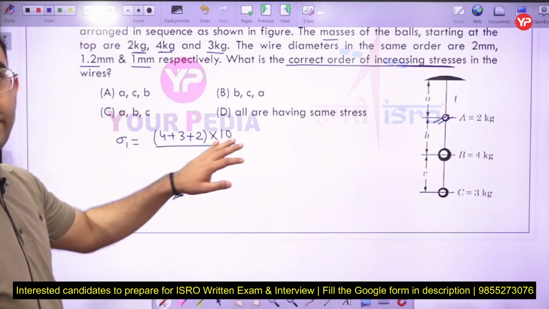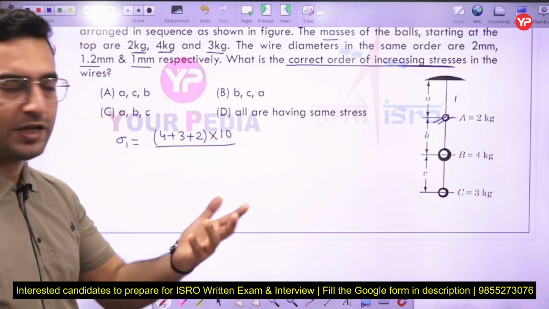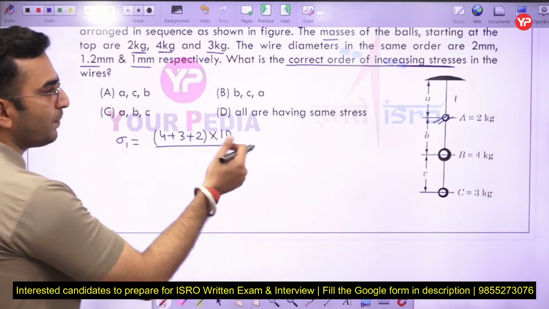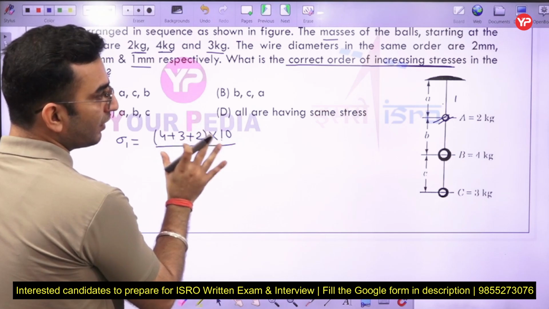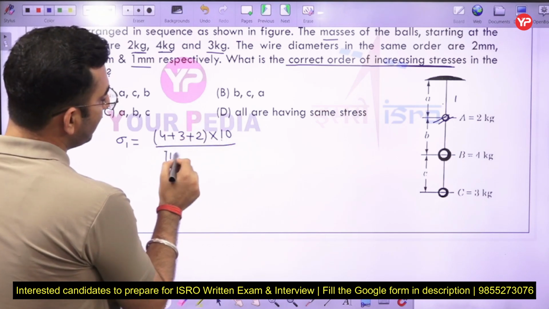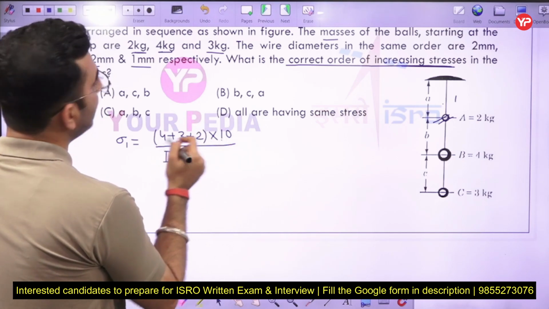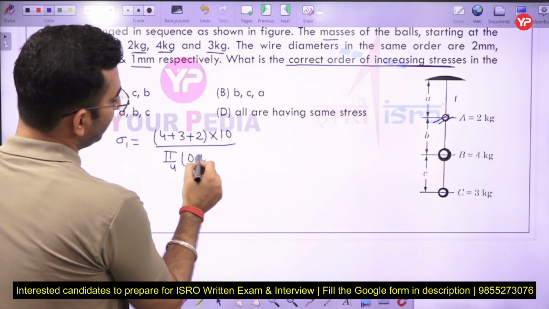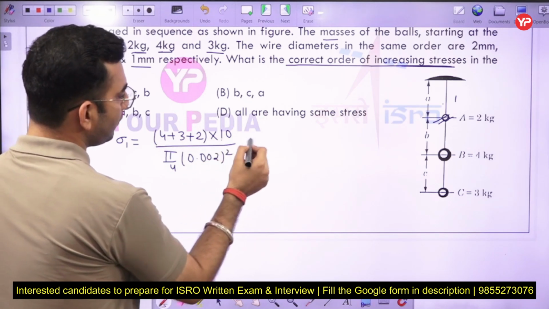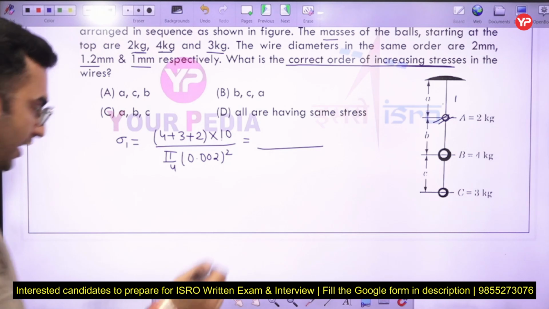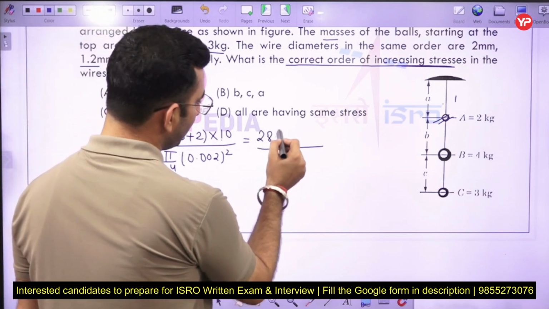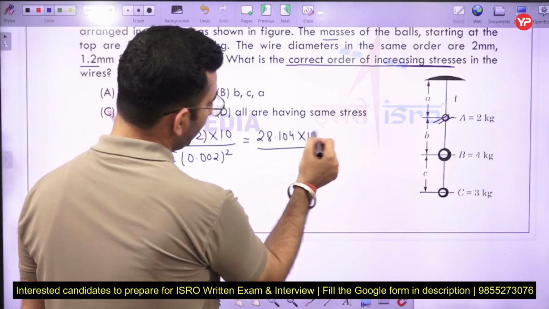I am assuming gravity as 10 for simple calculations. Mass into gravity gives the weight, and the area is pi by 4 times 2 millimeter squared. So sigma 1 comes out to be around 28.104 into 10 to the power 6.